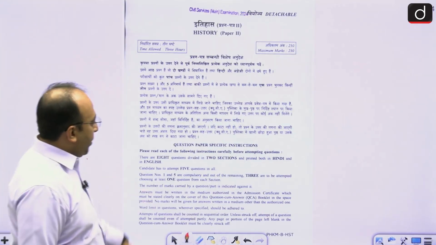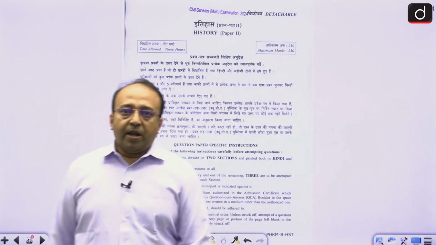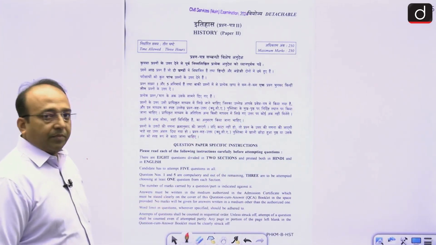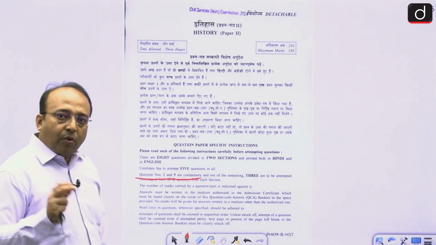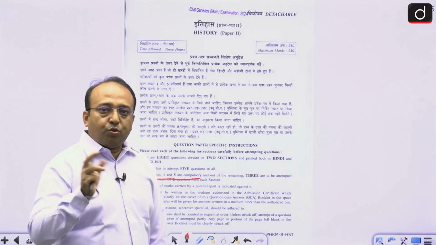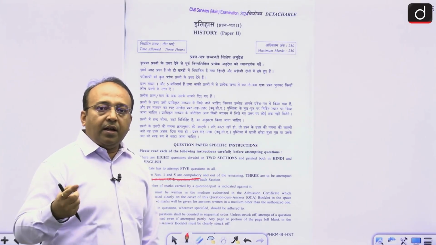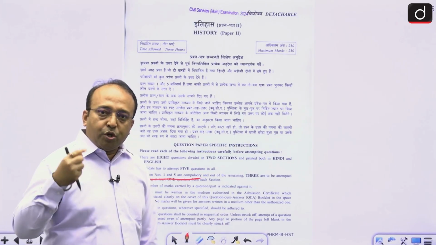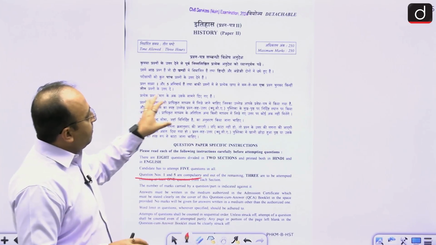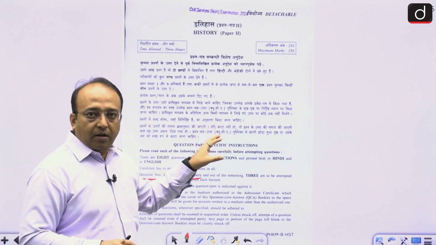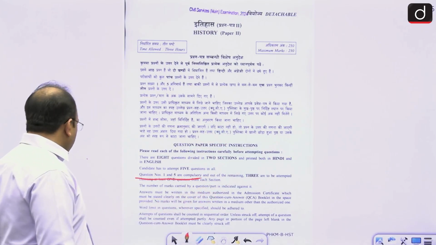So, in paper 2 as well, they have been asking you questions in a similar fashion. Again, questions number 1 and 5 are compulsory, and you have to write 3 more from either of these 2 sections. The same formula you have to apply in paper number 2 of history optional, where 1 and 5 are going to be compulsory.